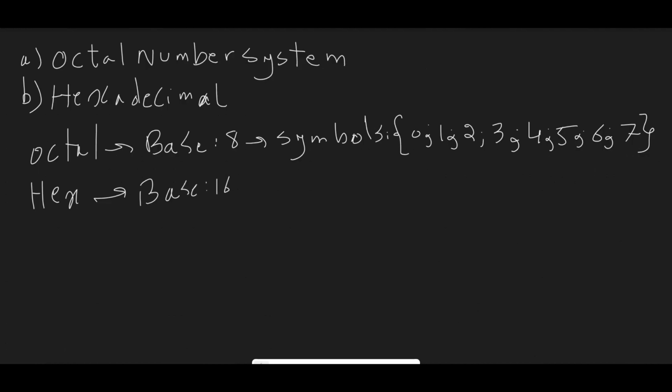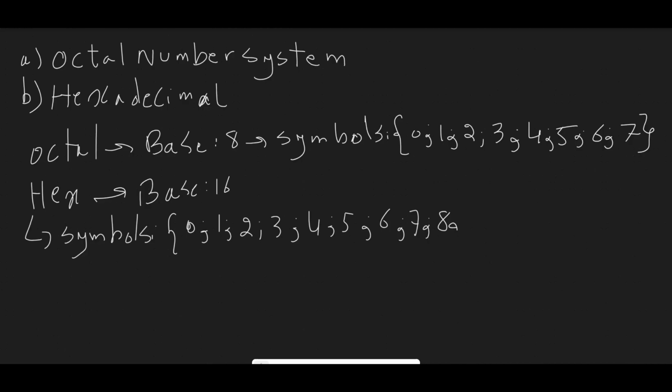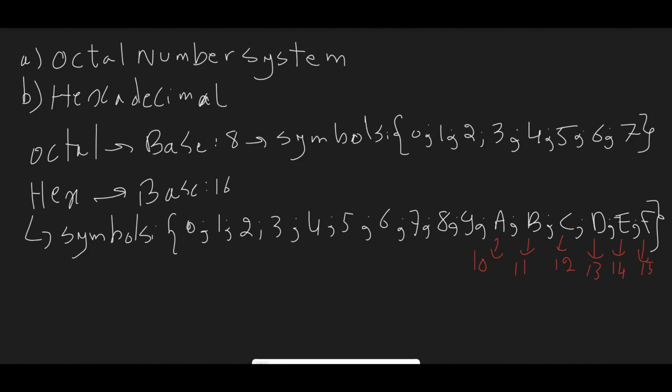So the symbols are 0, 1, 2, 3, 4, 5, 6, 7, 8, 9, A, B, C, D, E, and F. So A will be 10, B 11, C 12, D 13, E 14, and F 15.